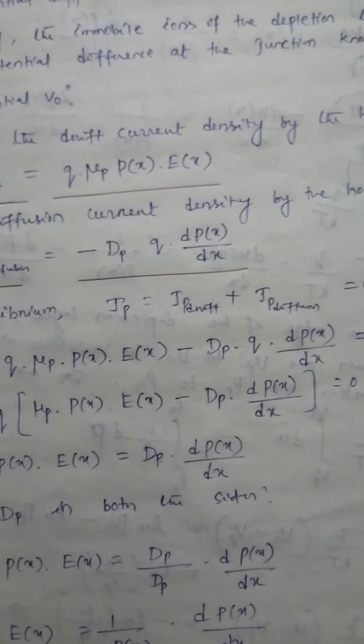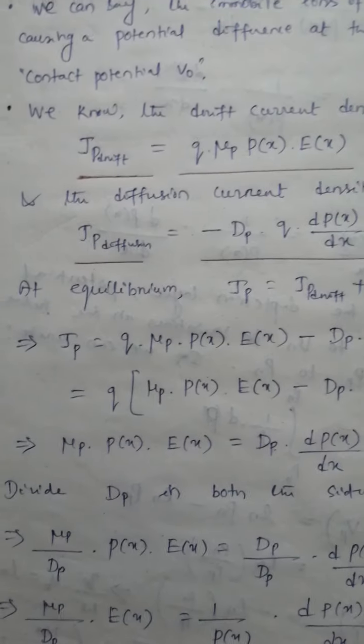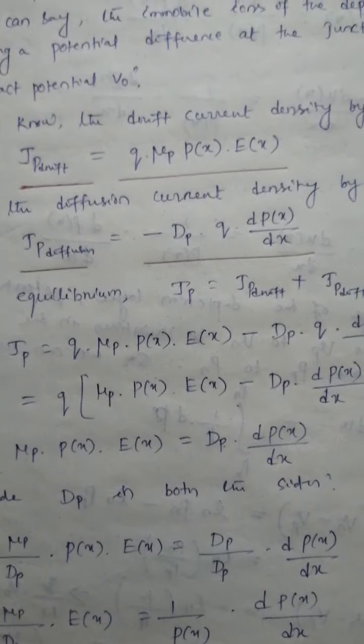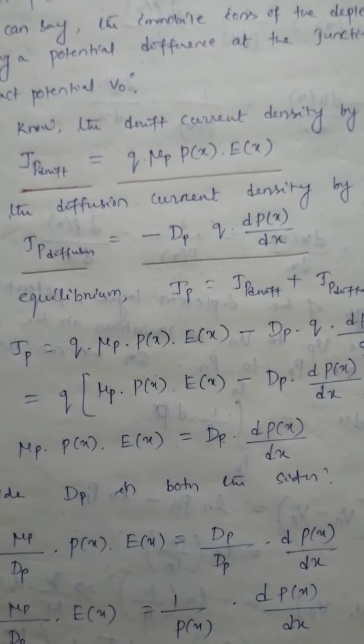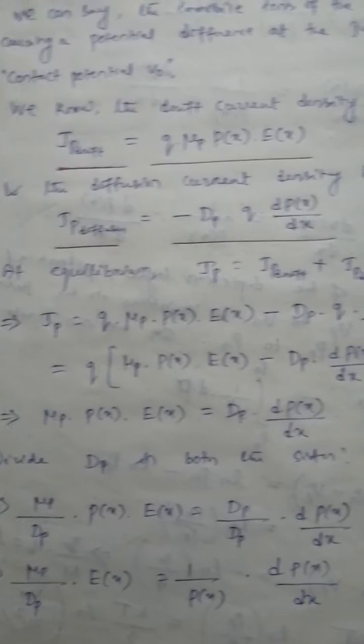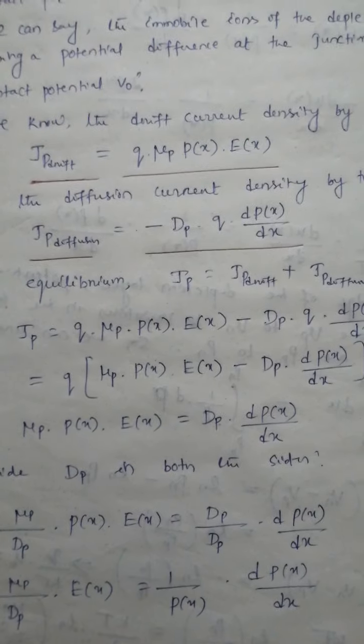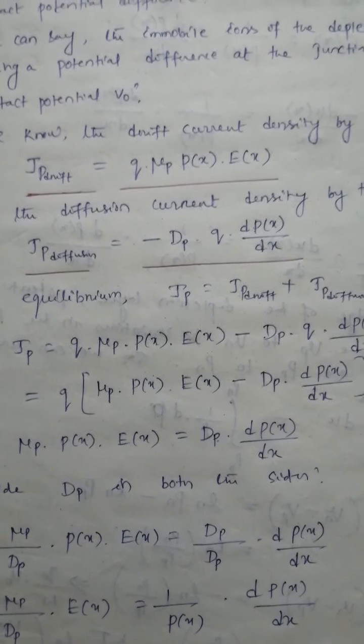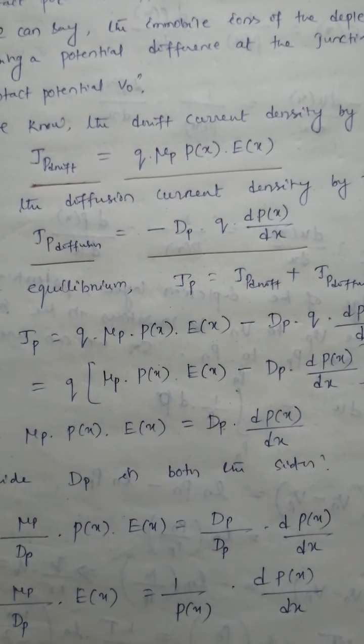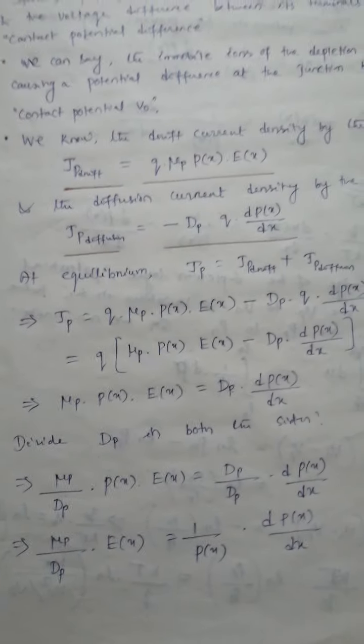We know the drift current density by the holes is J_P drift equal to q mu_P P(x) E(x), and the diffusion current density by the holes is J_P diffusion equal to minus q dP(x) divided by dx. So at equilibrium what happens?